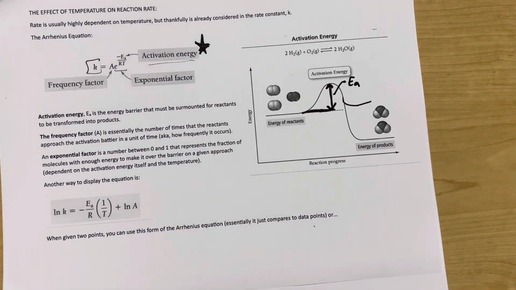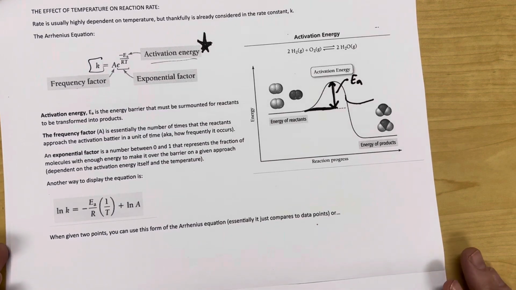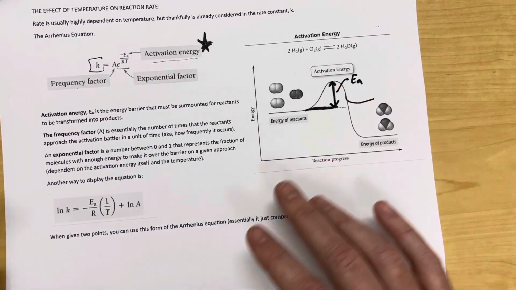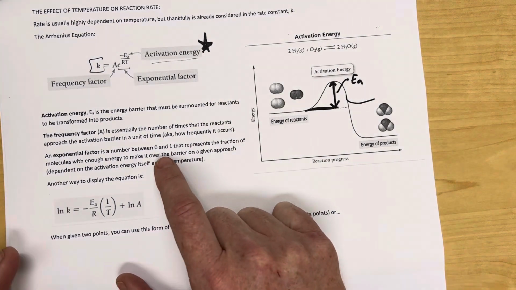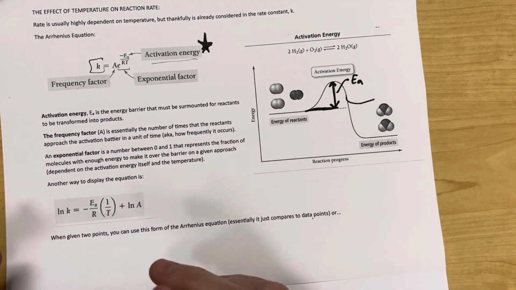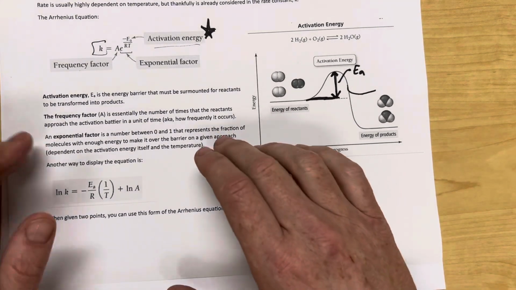The frequency factor is essentially how many times the reactants get up there and are hitting each other. And the exponential factor is a number between 0 and 1 that represents the fraction of times they actually have enough energy. In other words, it's almost like a decimal percent.